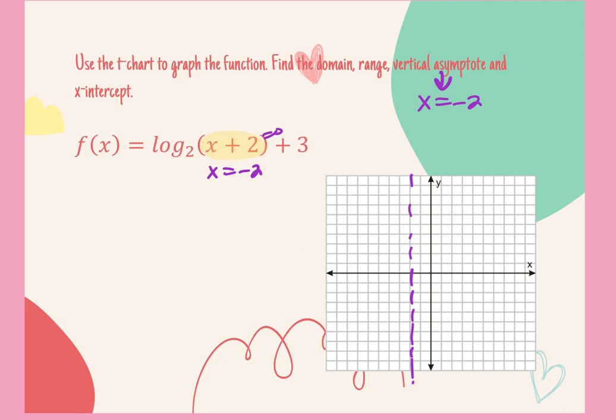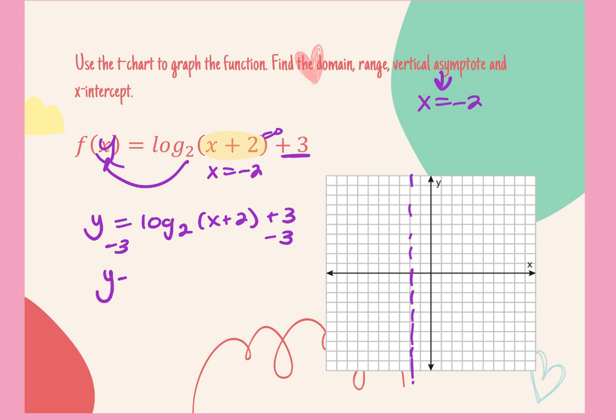Then from there, I want to put this in exponential form. Before I can have this 2 pick up the y, you have to isolate it. So that +3 has to move to the other side. I would get y equals log base 2 of (x plus 2) plus 3. I'd subtract the 3: y minus 3 equals log base 2 of (x plus 2).